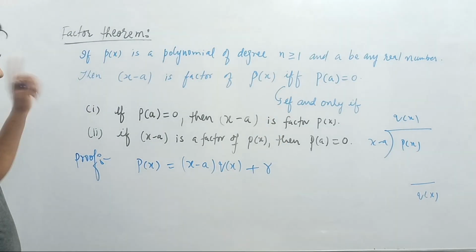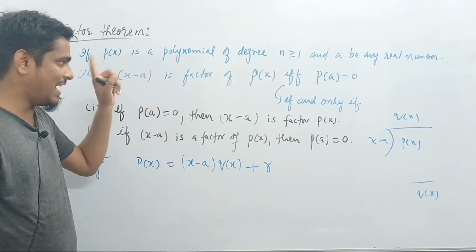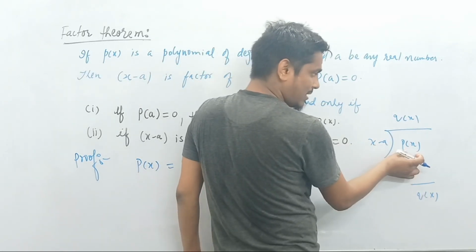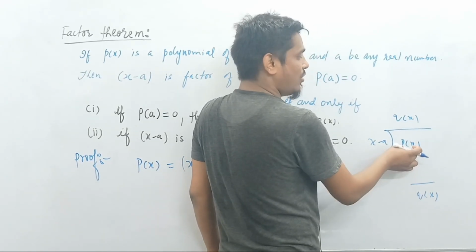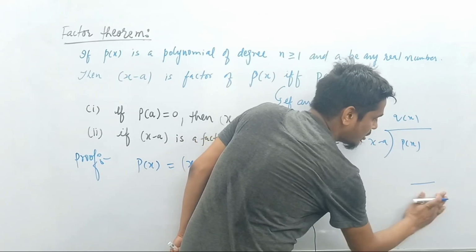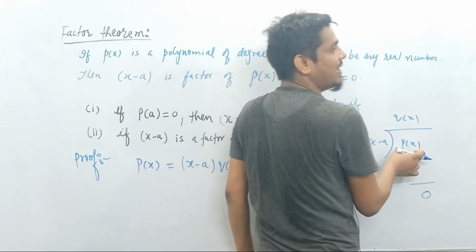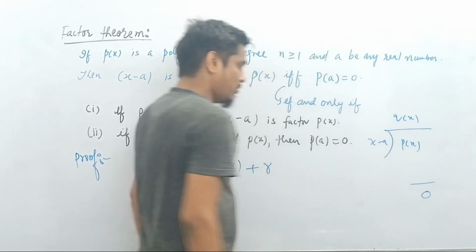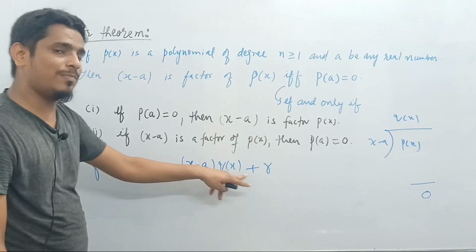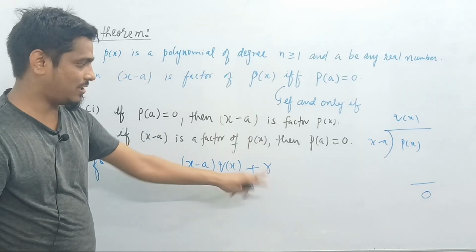Now we have been given one condition: if p(a) is 0, then x minus a is a factor of p(x). When we can say that this is a factor of p(x), then x minus a is going to completely divide this p(x), meaning the remainder we are getting is 0. So now we have p(x) is equal to (x minus a) times q(x) plus r, where r is any constant, the remainder.